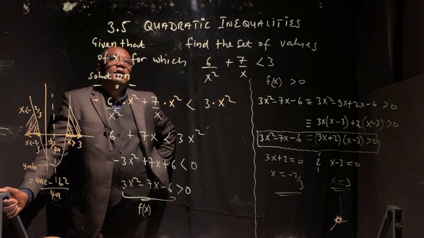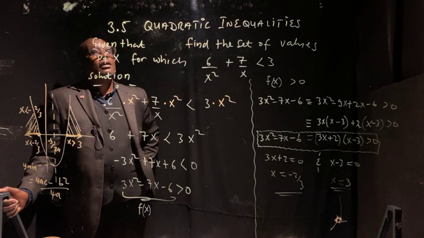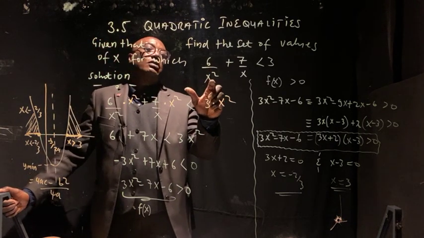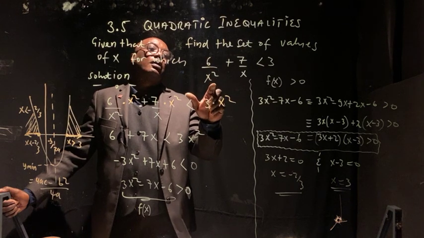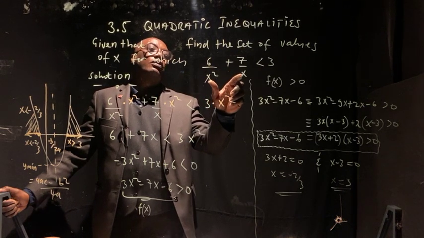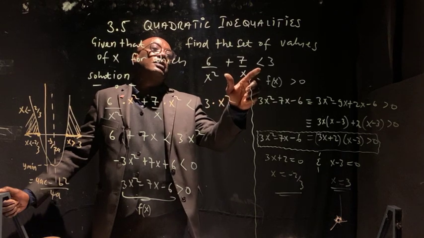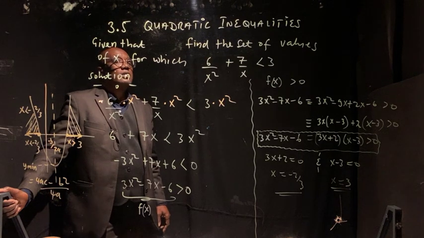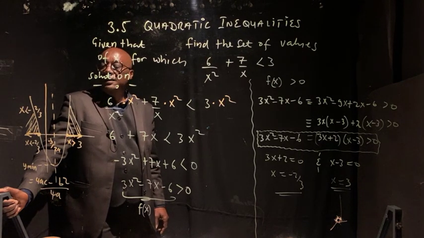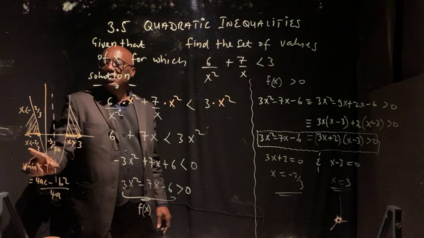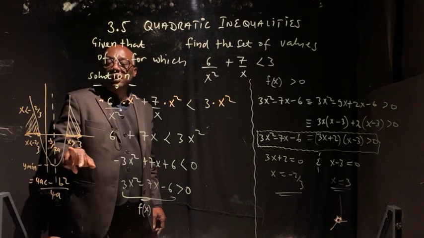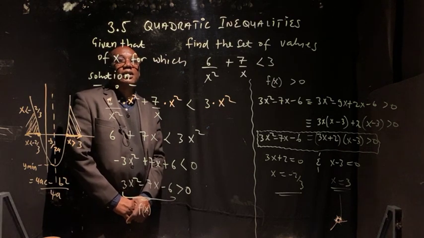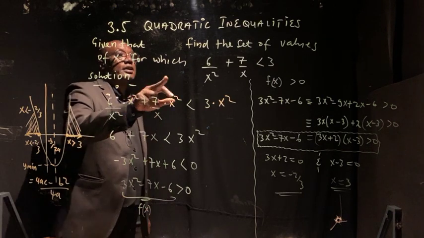For the given inequality, 6 over x squared plus 7 over x is less than 3, the values are where x is less than minus 2 over 3, which is this one, and x is greater than 3. Those are the sets of values for which this inequality is valid.